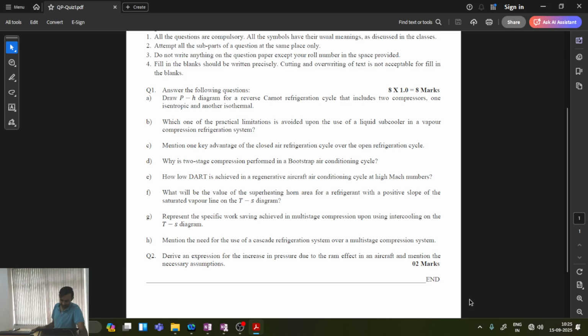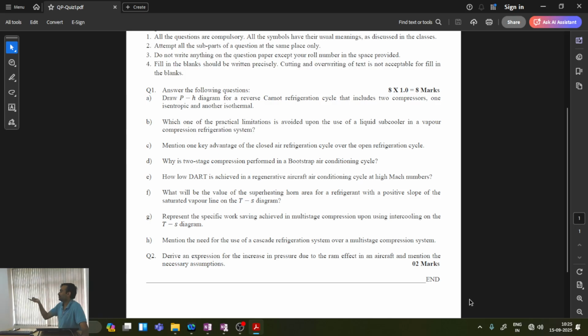Then next is: derive an expression for the increase in pressure due to the ram effect in an aircraft and mention the necessary assumptions. Assumptions were probably not correctly mentioned and very few people mentioned them. In class I derived it for the temperature, which people have derived as it is, and after temperature we need not use the efficiency, because the ram process is a reversible adiabatic process.